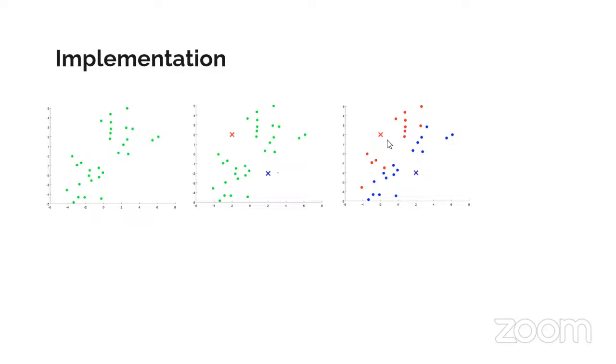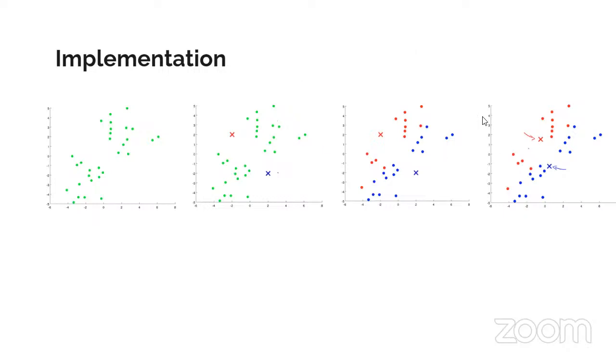What is the center point in this cluster? Okay. And likewise, what's the center point in the blue cluster? Then I move this point to this point. Okay. This has become my center and this has become my center. Okay. The first phase is over.